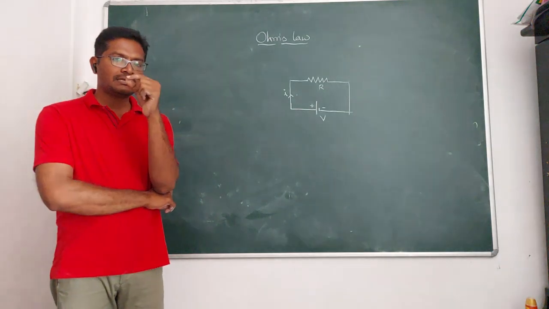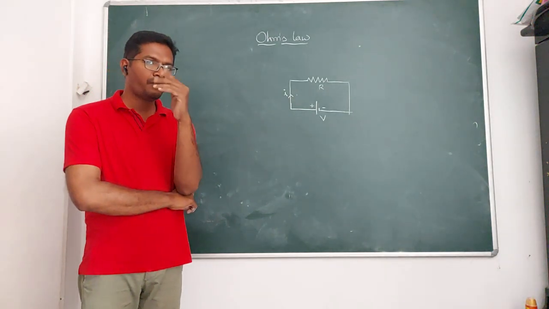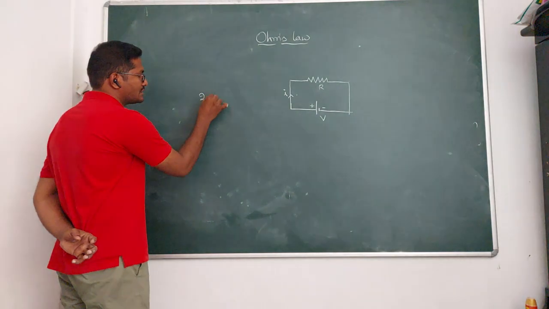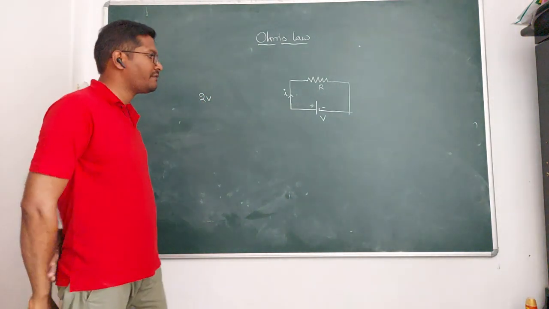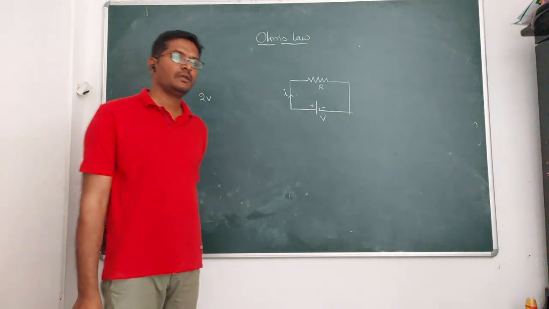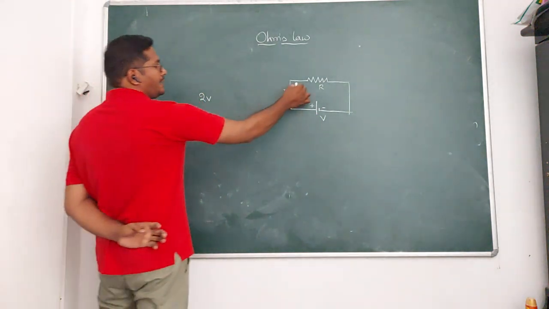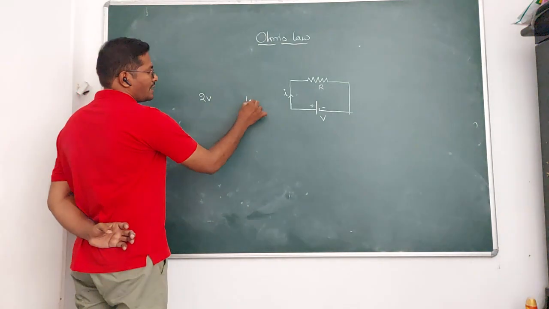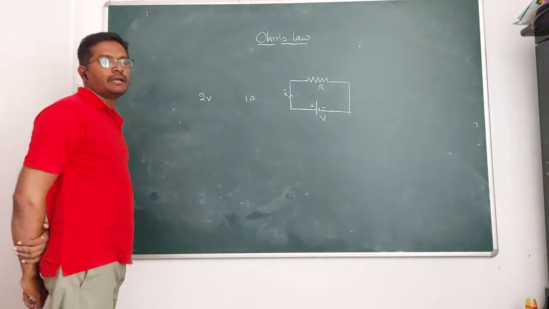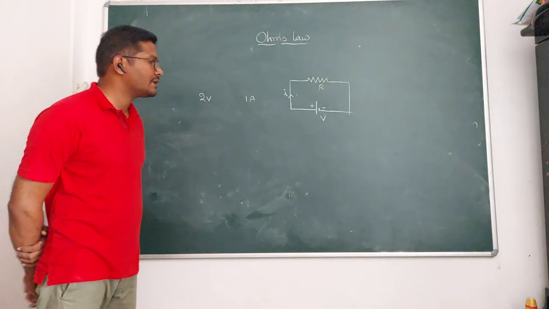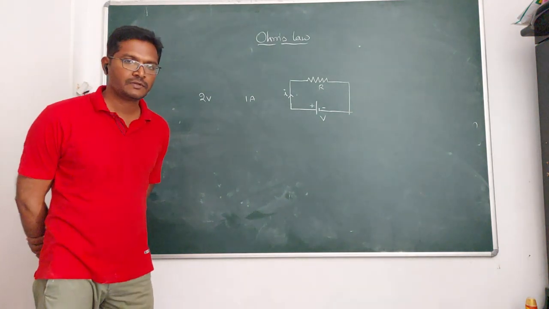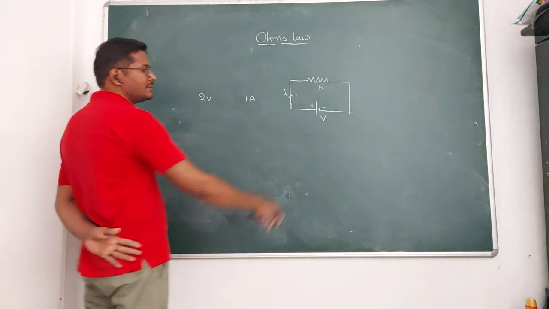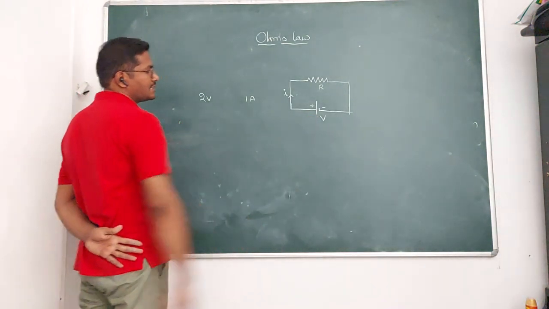Suppose the potential difference is 2 volts, then the current in this resistance is, suppose, 1 amp. Current units are amps and potential difference units are volts.